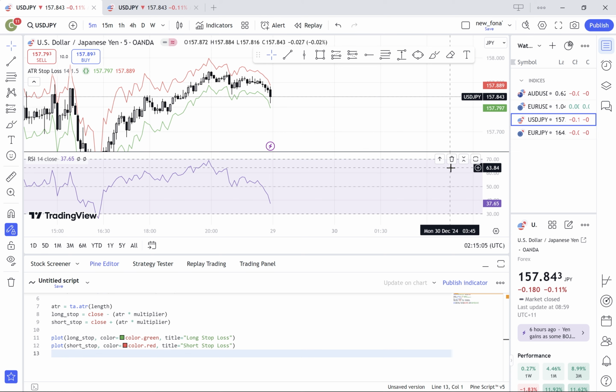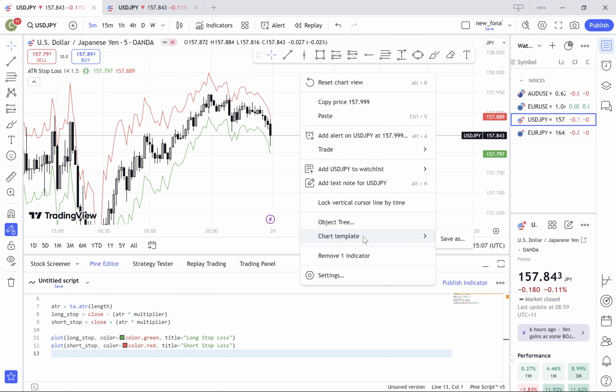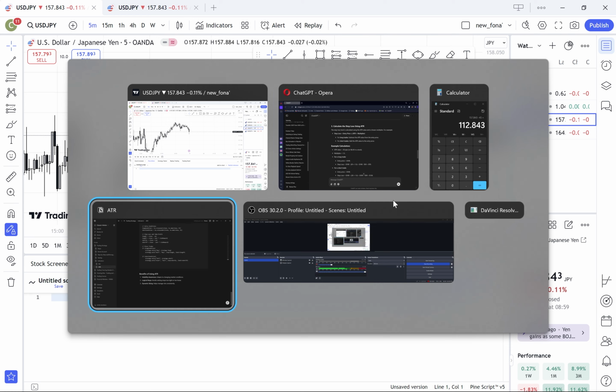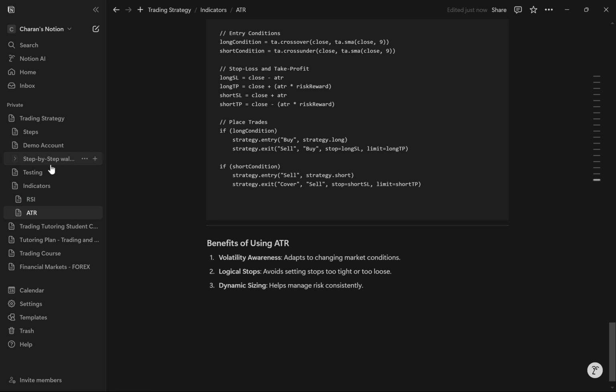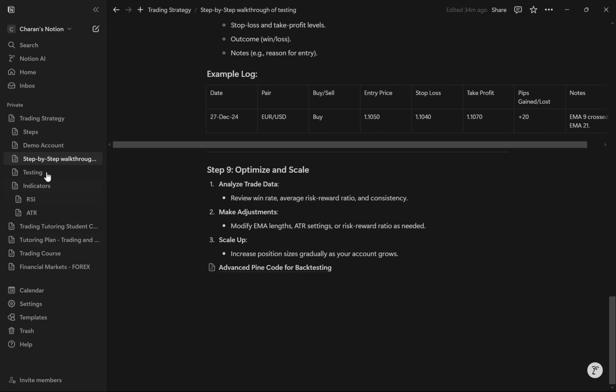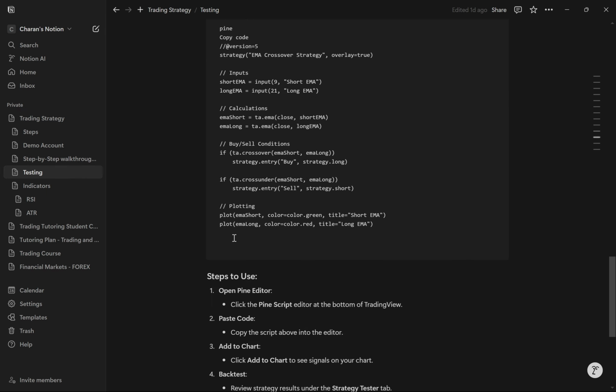Okay, so what I'm gonna do is I would be deleting. Let me remove all the indicators. Let me remove everything, and actually let me try to add the Pine script for all of that. We're going to be testing.